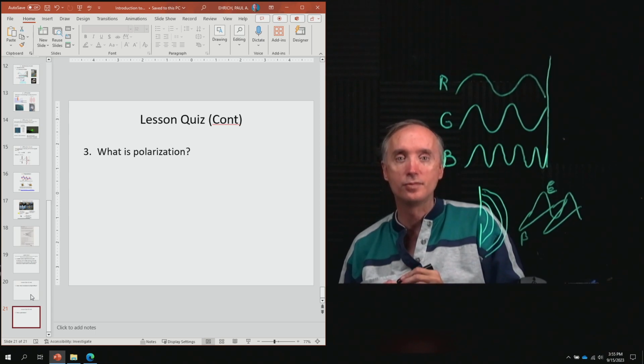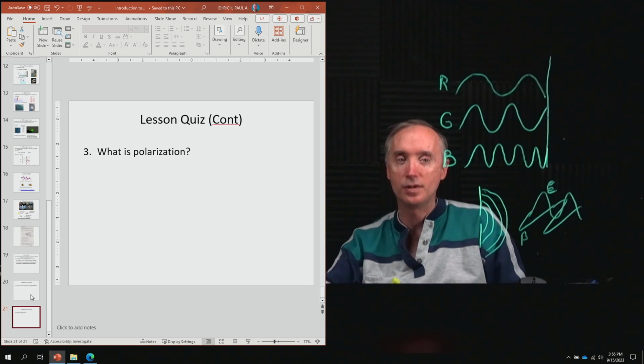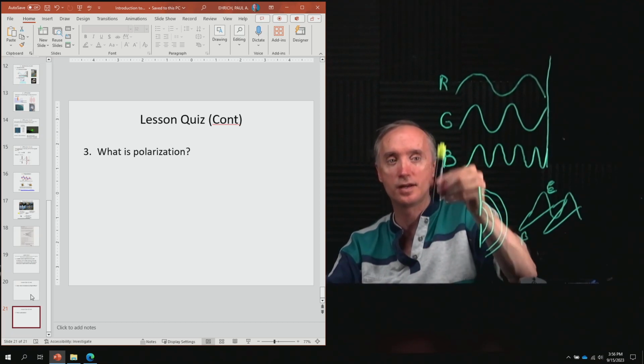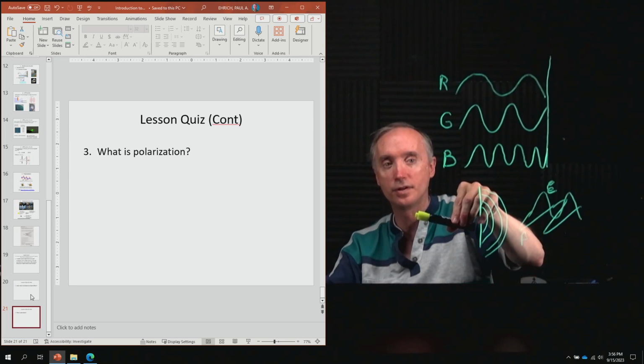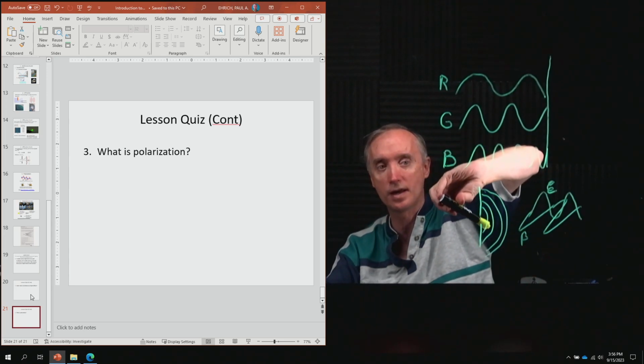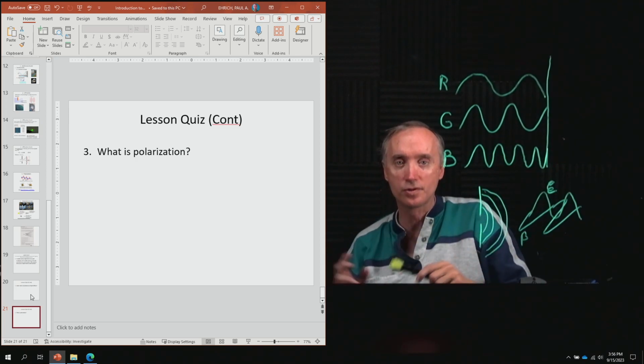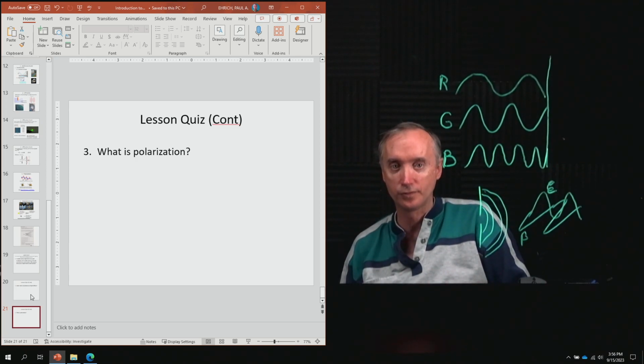And light from the sun is unpolarized. So that means that some of the light coming from the sun has its electric field like this, some of it has its electric field like this, some like this, some like that, and so it has all sorts of different orientations to it.